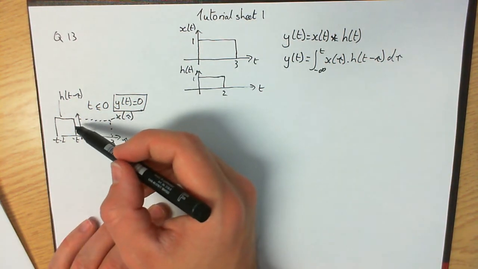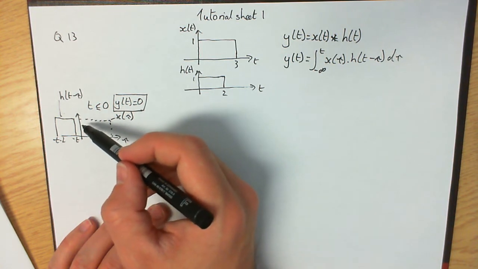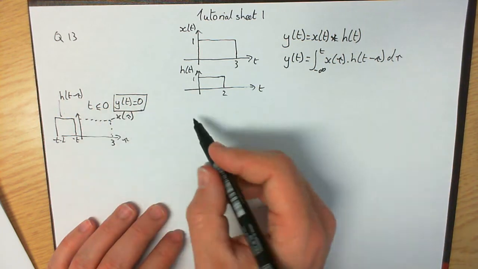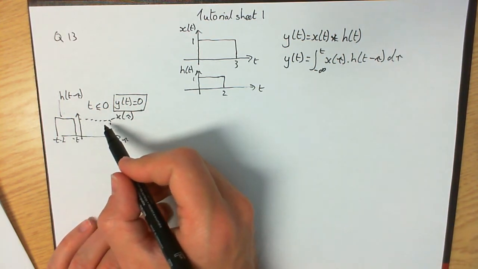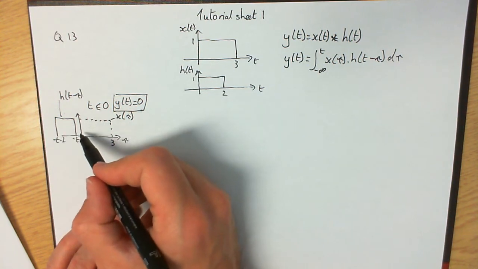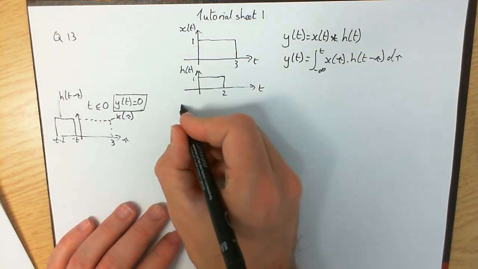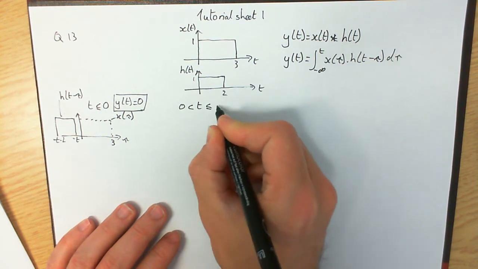Then, as this function moves across and passes over tau is equal to 0, we then have our first non-zero product. And nothing's going to change until we move it across, until the trailing edge of this function passes tau is equal to 0. So the next region of interest is from 0 is less than t is less than or equal to 2.